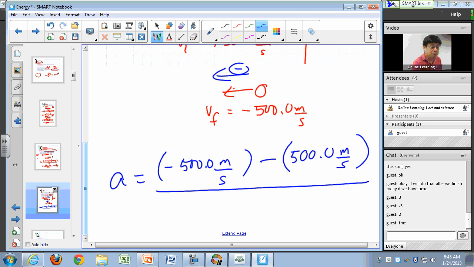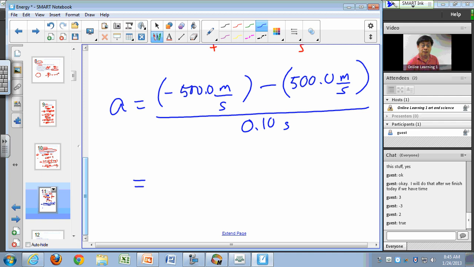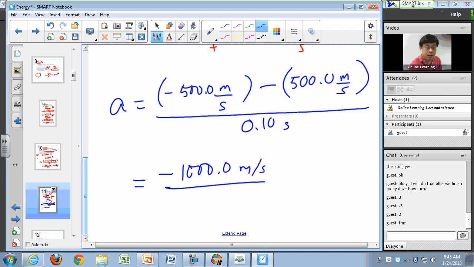Divided by the time, which is 0.10 seconds. So the acceleration of our molecule would be negative 500 minus 500, that's negative 1,000 meters per second, divided by 0.10 seconds. What's my answer here? It's 10,000, right? So negative 10,000 meters per second squared. How many sig figs should I have here?